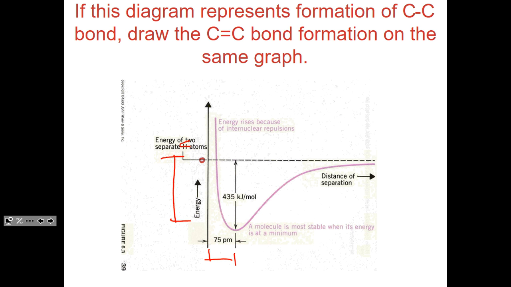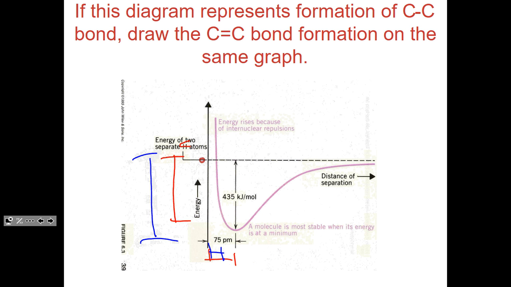How would this graph change if we were looking at a double bond situation? Remember, when we have a multiple bond, it's getting shorter, so its bond length should decrease. And the bond enthalpy is increasing, so this should get bigger.